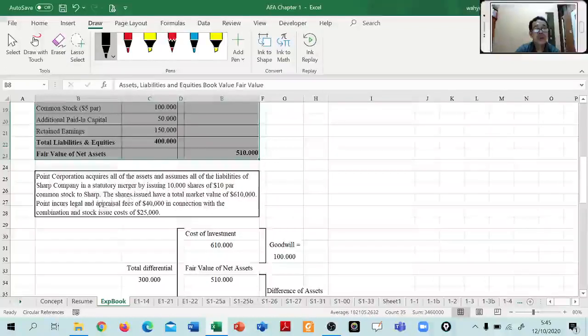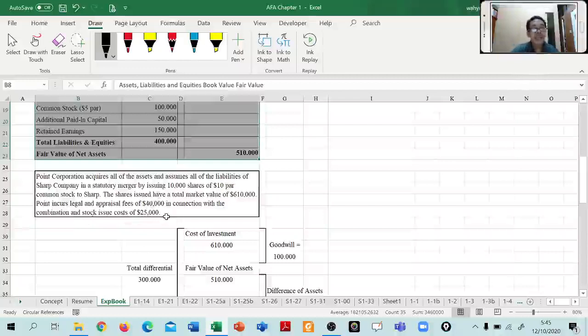The shares issued have a total market value of $610,000. Point incurs legal and appraisal fees of $40,000 in connection with the combination and stock issue costs of $25,000.